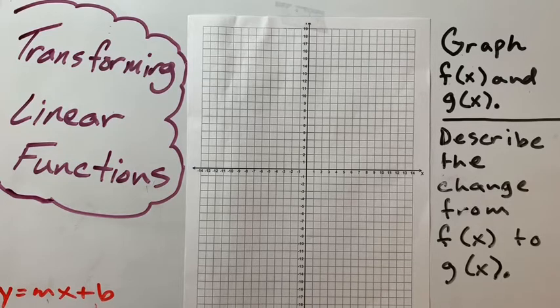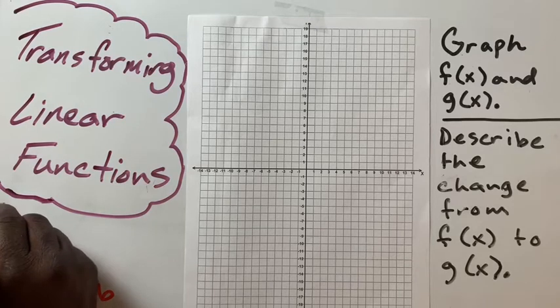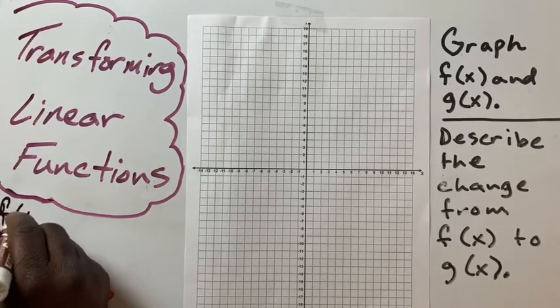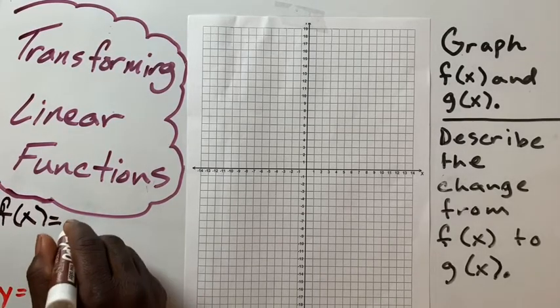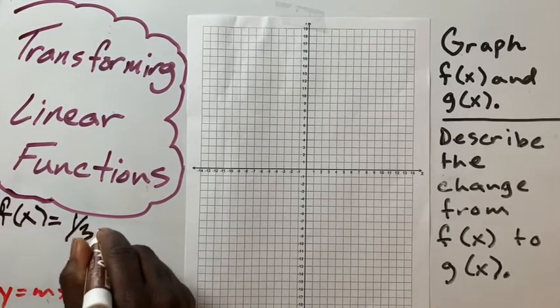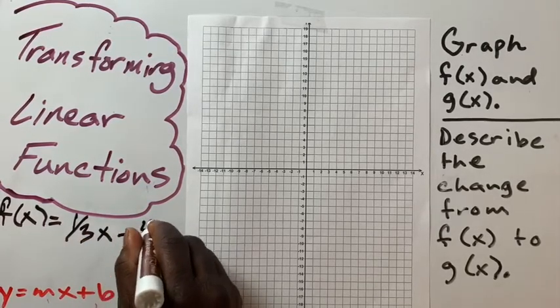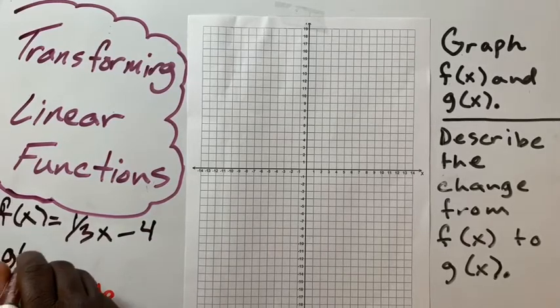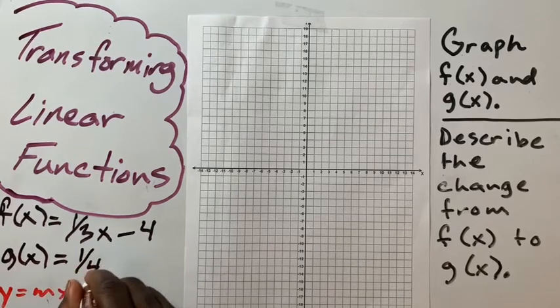So let's say we have f of x equal to 1/3 times x minus 4. And then we have g of x, and that is equal to 1/4 times x minus 4.